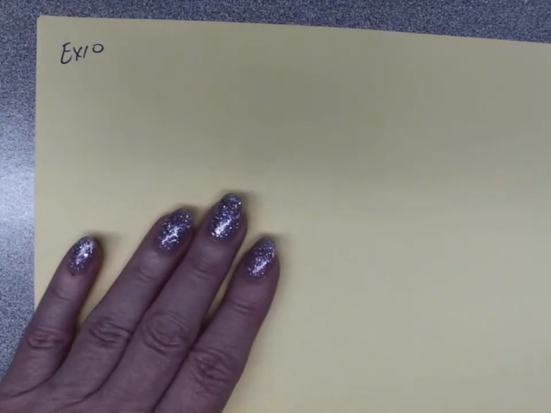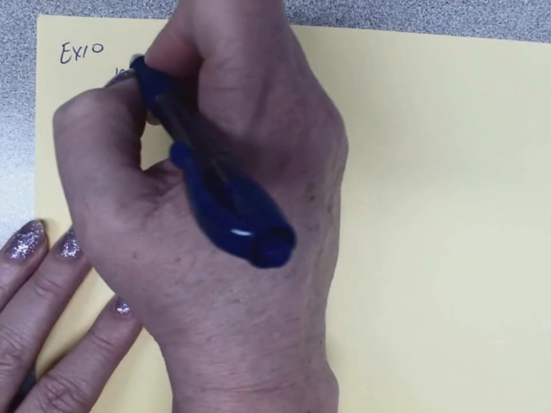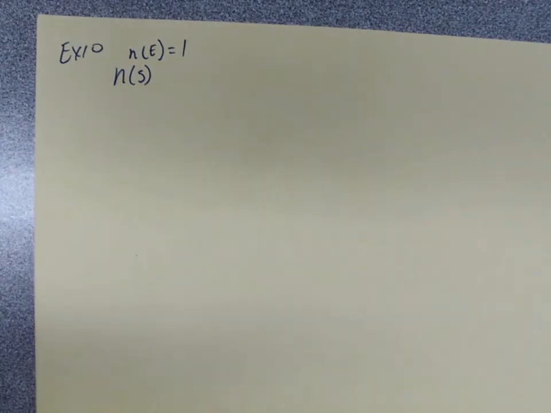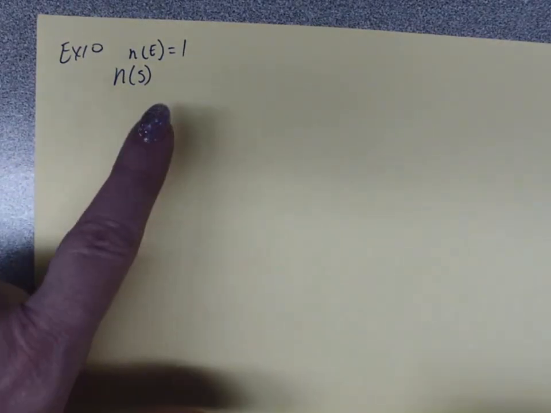Because as soon as one coin gives you a tail, you don't have all heads. So we've got to find our number of S because we know the number of E has to be 1. There's only one way in this event to get all heads. Otherwise, we're going to get a tail.